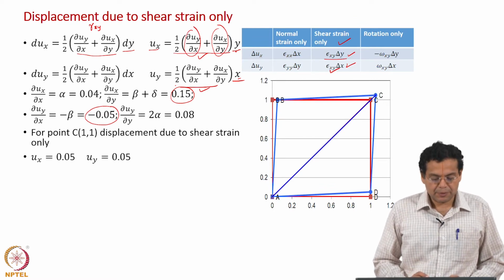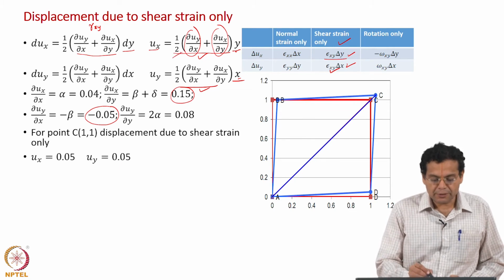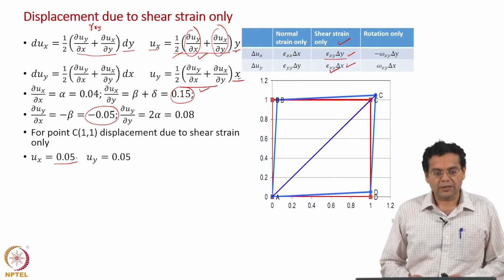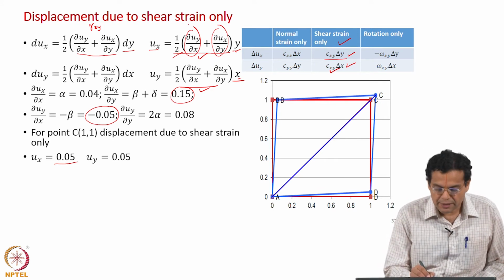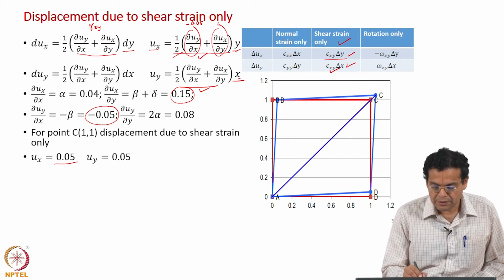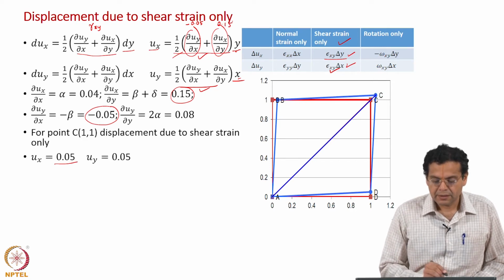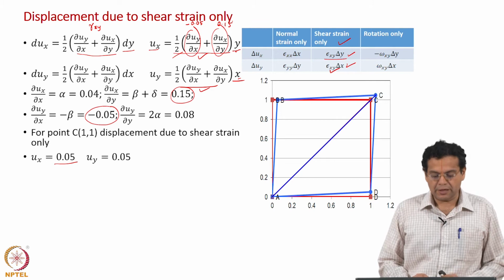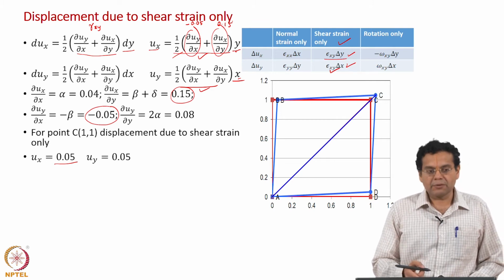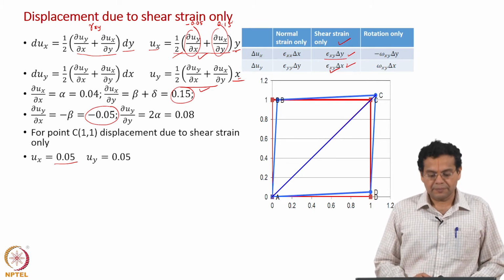When you sum up, you get 0.1. When you divide by 2, you get 0.05. Multiply by 1, of course, results in 0.05.